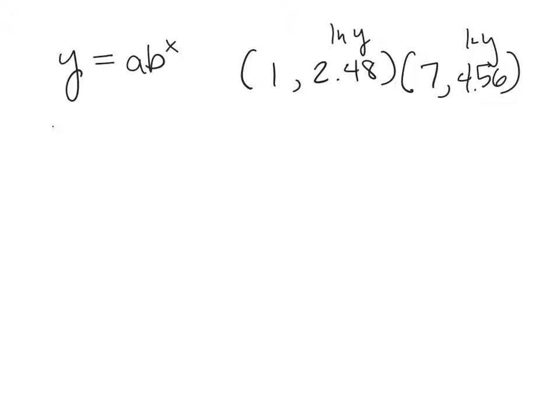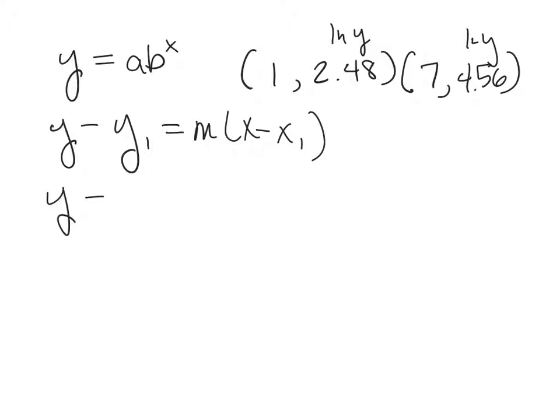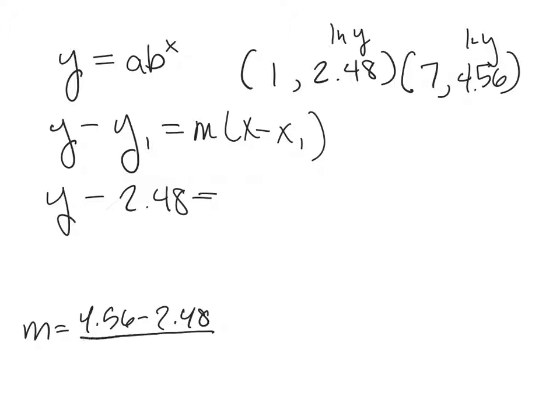So let's do the slope, point slope form. So we just have y minus 2.48 equals m. I didn't calculate m, did I? 4.56 minus 2.48 over 7 minus 1.